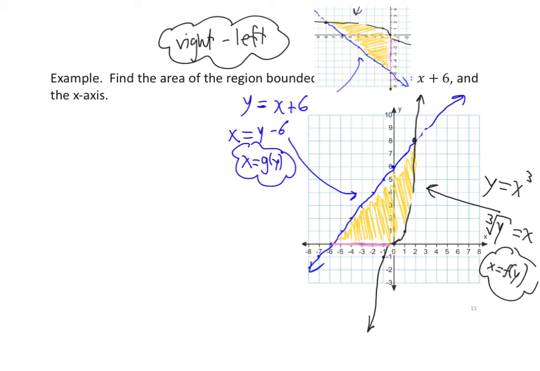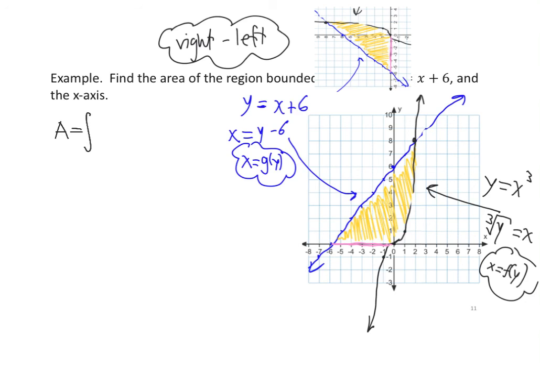Let's set up the integral. So the area is now going to be a dy integral, because we're doing this sideways thought process. Integral from c to d, which is the y values that our region is spanning.